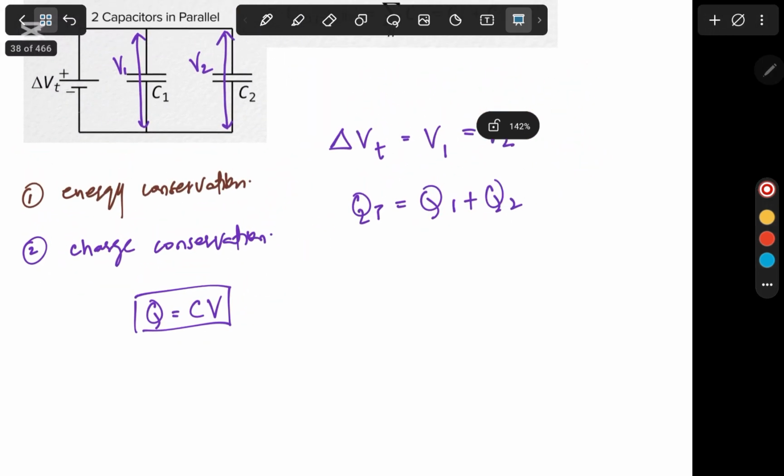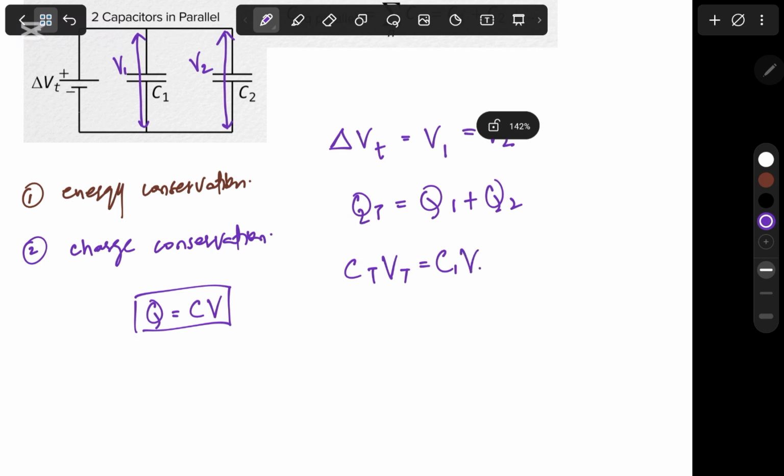Instead of the total charge, I'm going to write C total, V total, which is equal to C1 V1 plus C2 V2. And V total, V1 and V2 are the same, so they're going to cancel out. So C total is equal to C1 plus C2. Okay, so that's the first thing.